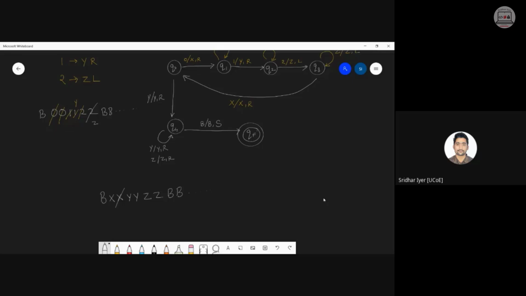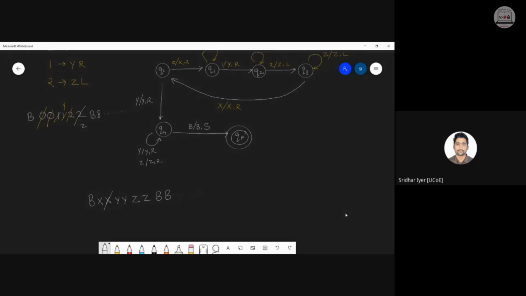So in the ideal scenario, after reaching this Q0 state and moving to the right, I'm expecting a Y immediately after it, which simply signifies that all the zero values have been read. That is why I will check if there is immediately a Y following that X. That simply means that all the zeros which were on the tape have been read and no further zero is left. Am I clear? That is why we make use of this particular state.